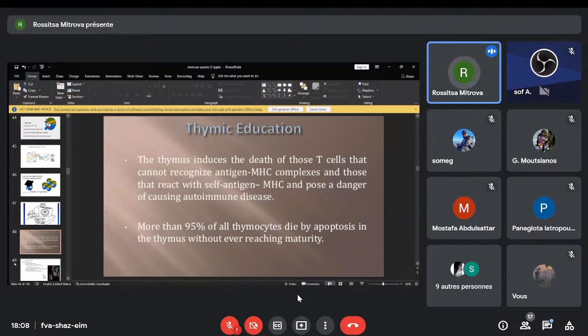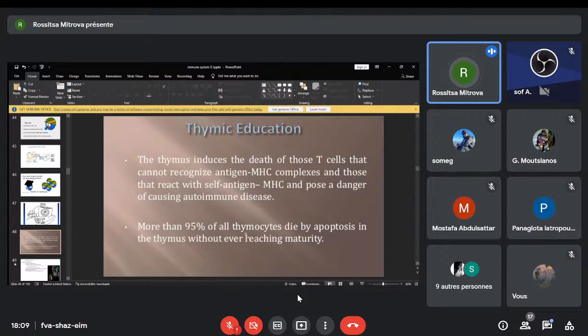The thymus induces the death of those T cells that cannot recognize antigen MHC complexes, and those that react with self-antigen, major histocompatibility complex, and of course pose a danger of causing autoimmune disease.